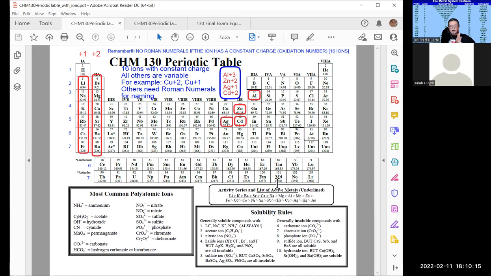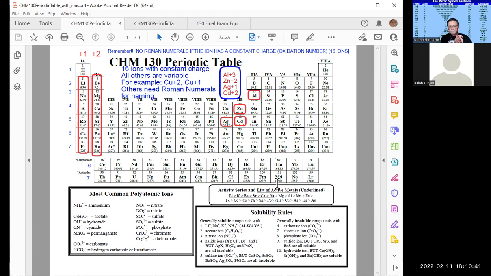Hydrogen does have a positive charge, but it can give you a negative charge, and it's not a metal, so that's why hydrogen is not included. But everybody in group 1 that's a metal will always have a +1, okay? And everybody in group 2 that's a metal, which is all of them, will always have a +2 ionic charge.